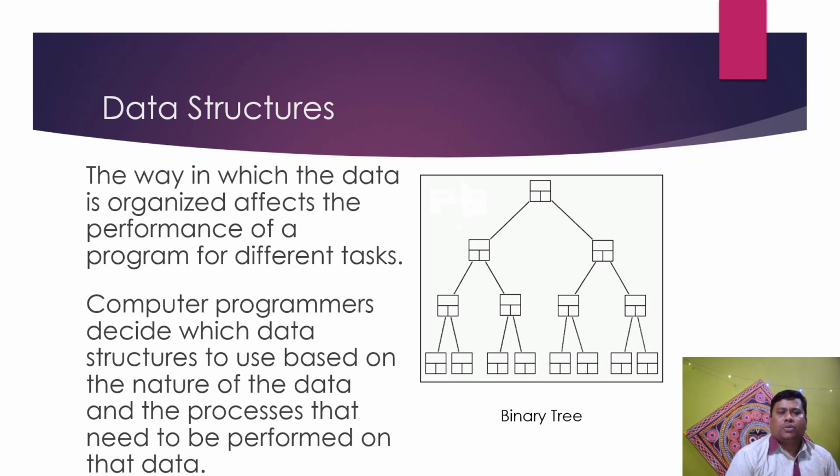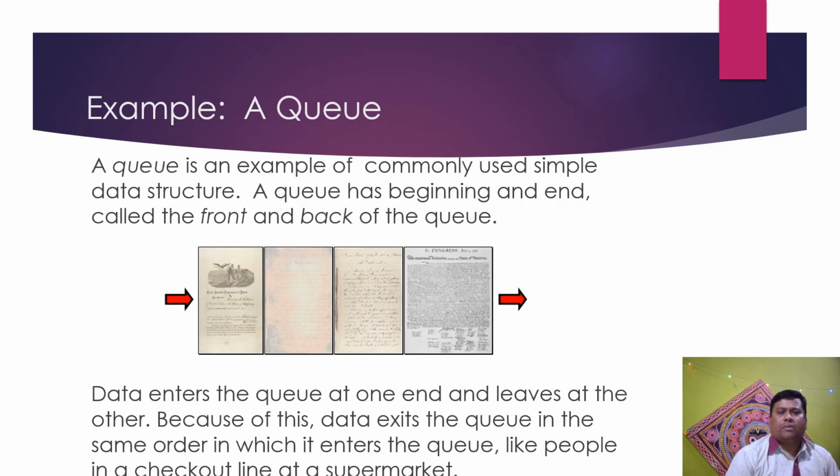So we know about the queue. What do you know about the queue? It is a FIFO algorithm. That means whatever element is inserted into the queue first will come out first.